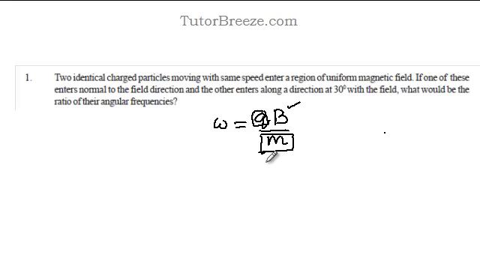For instance, if you have a proton or an alpha particle, the charge to mass ratio would be different. So the angular frequency does not depend on the velocity. Hence, in this case, the ratio of their angular frequencies will be 1:1.